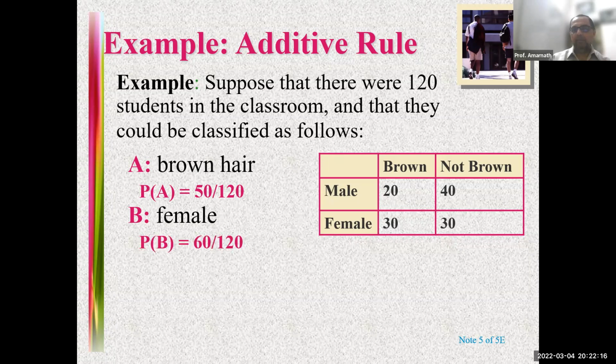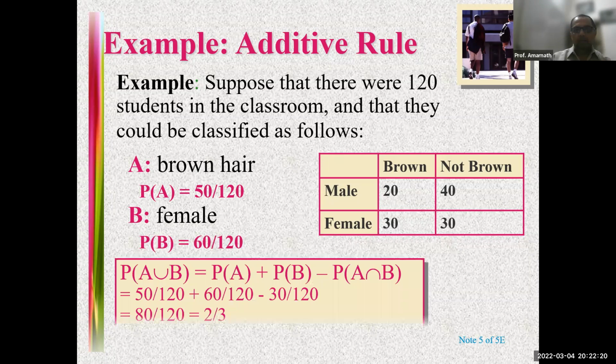Female is 60 by 120. So by the additive rule, A union B is 50 by 120 plus 60 by 120 minus 30 by 120. So that is 2 by 3. The probability of A union B is 2 by 3.